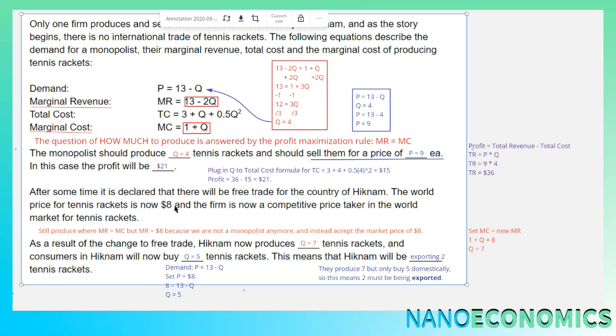Now when we can buy them from the rest of the world, we're only paying $8. But we're willing to buy more locally, and that allows our domestic producers to take advantage and export and sell more.